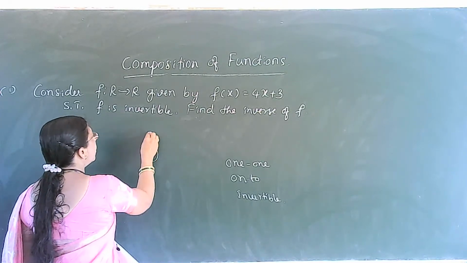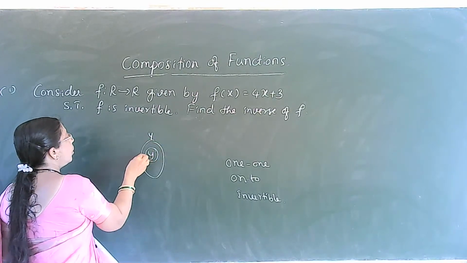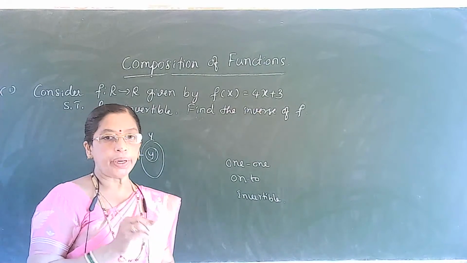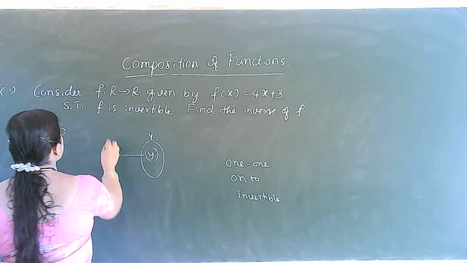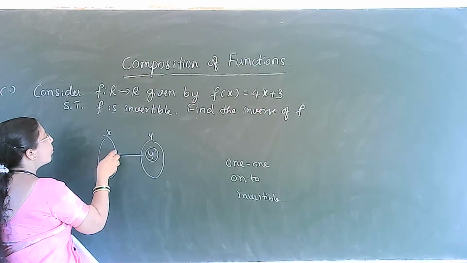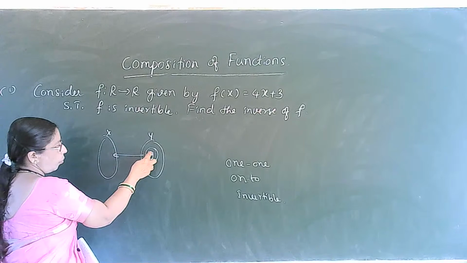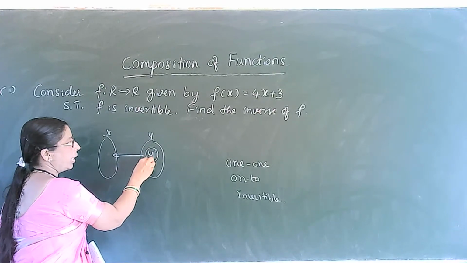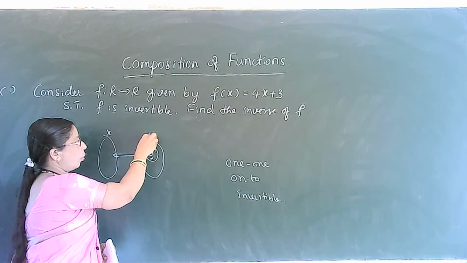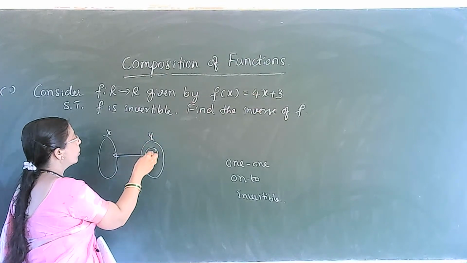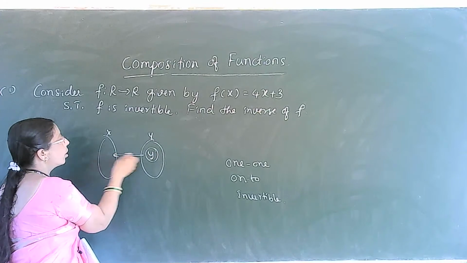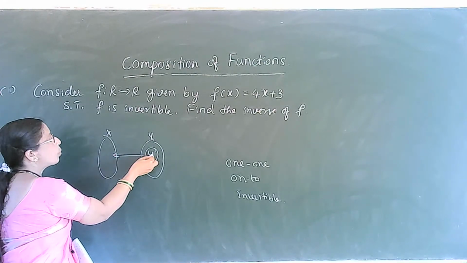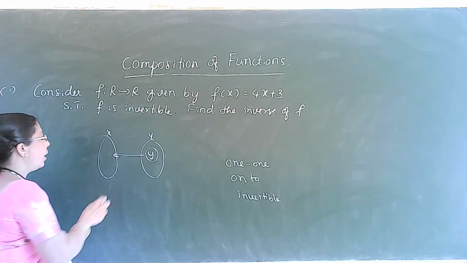We choose y, an element of the codomain, then search for the pre-image in x, that is, in the domain, with respect to y.